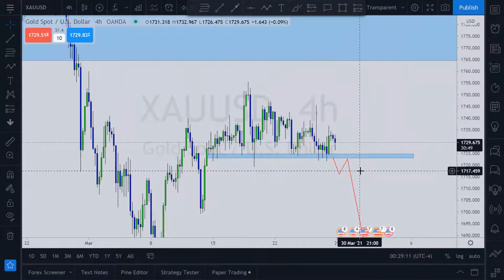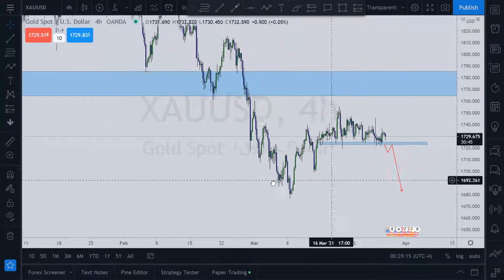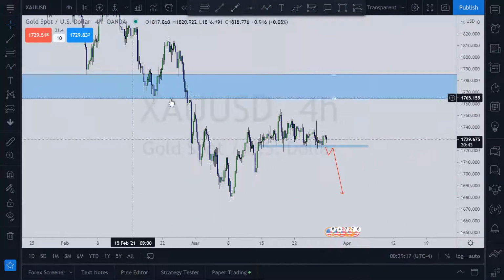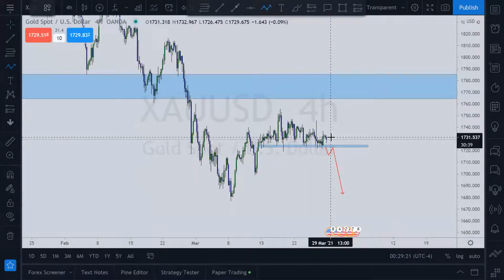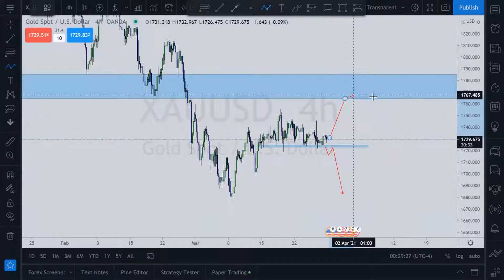But what I expect is the dollar to gain strength, because it started last week to gain strength, and what I'm expecting is a news item to pop price up to test that resistance up here.